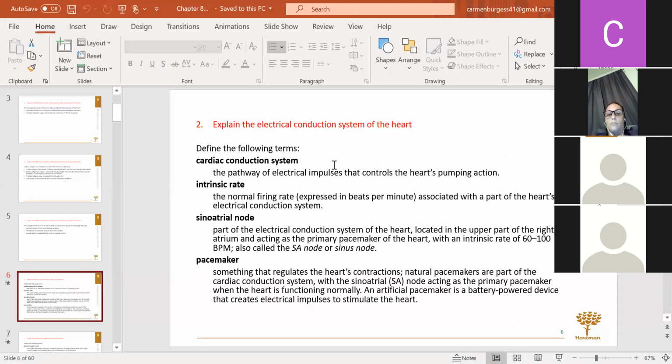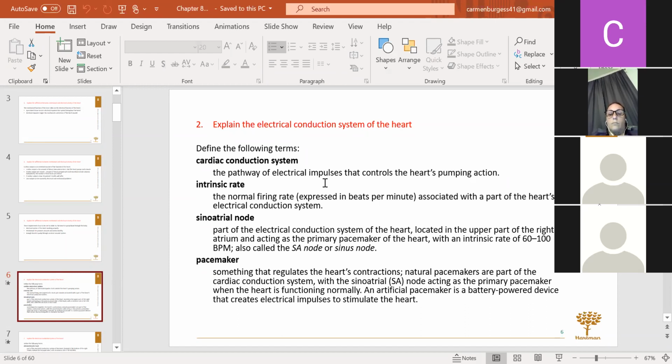It's a cardiac conduction system. So if you're conducting, automatically it's probably something to do with electrical. So the cardiac conduction system is the path of electrical impulses that control the heart's pumping action. It's just like I was saying, like the lightning bolt. It's a conduction of that electricity that controls the heart's pump.